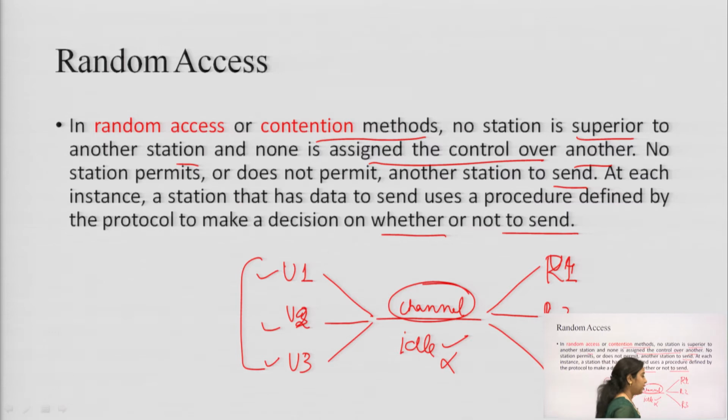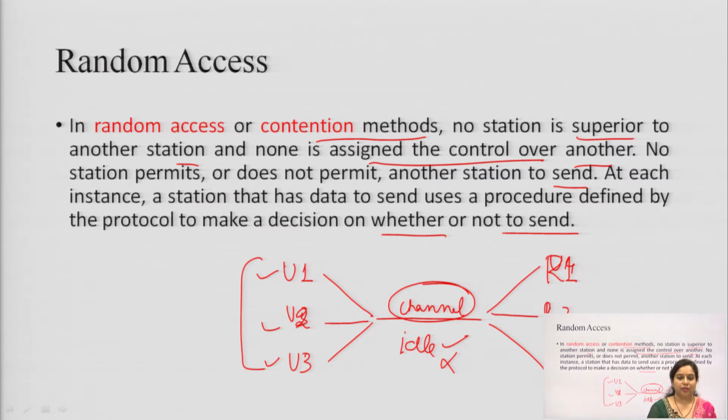In that case there is an advantage and a disadvantage. What is the advantage? I do not have to wait for a particular point of time until the channel is free; I will transmit the data whenever I want to. So, there is no waiting time at the user side.